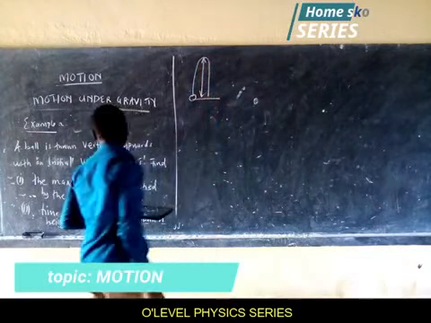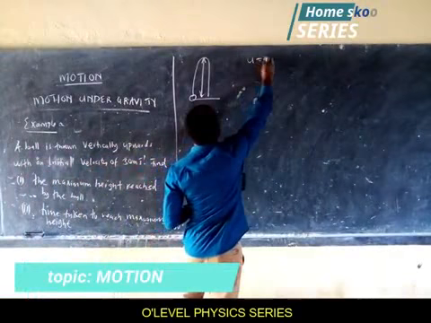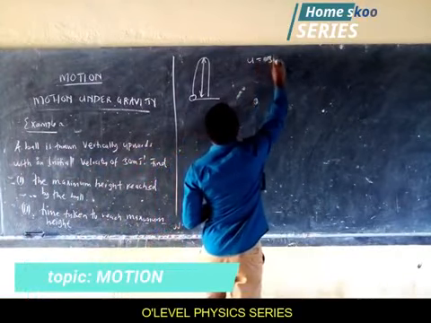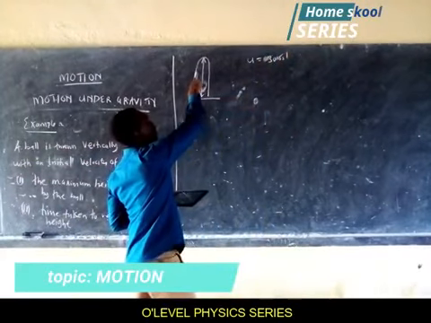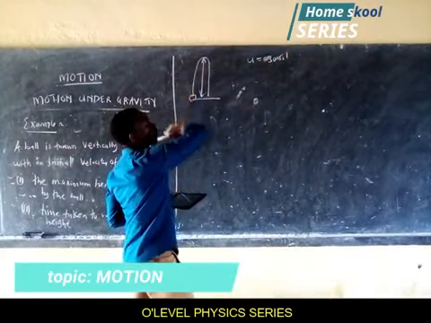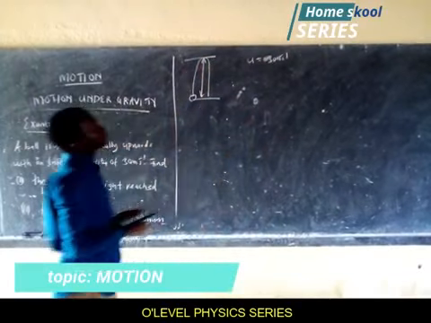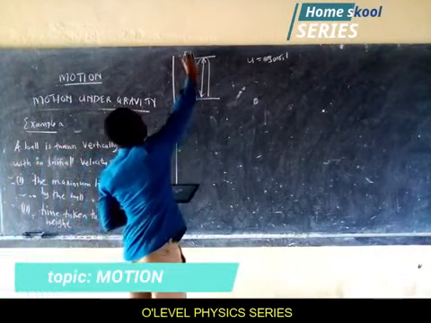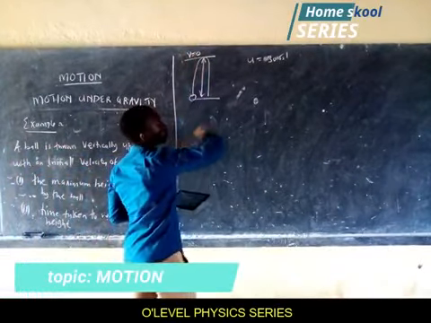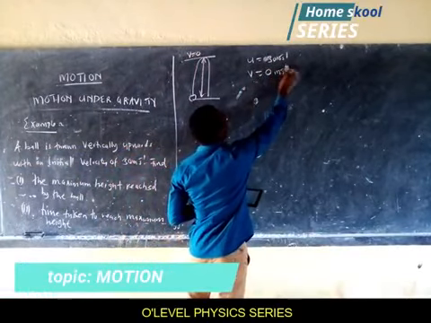This speed of 30 keeps on decreasing until it becomes 0. When it becomes 0, that is the maximum height attained by that body. Meaning V equals 0 at maximum height.